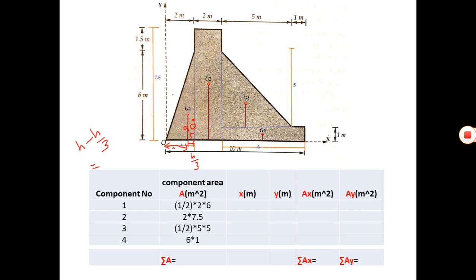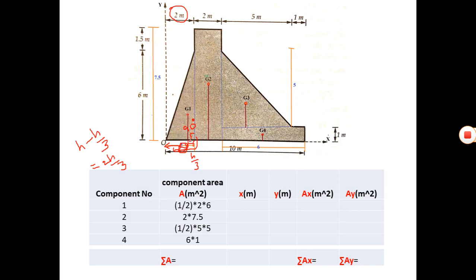This distance becomes 2h by 3. So what is the value of h? This is nothing but the base width. So what is that base width? 2 meter. Base width is 2 meter.